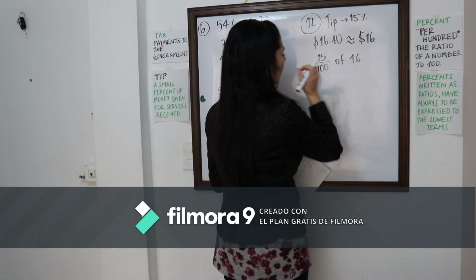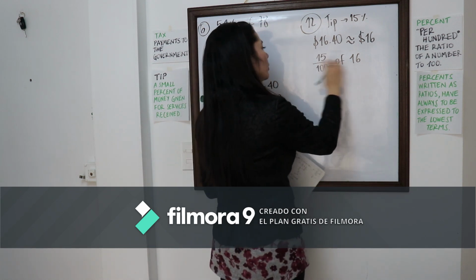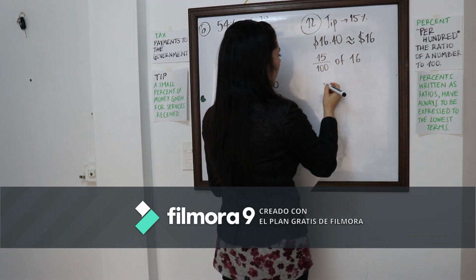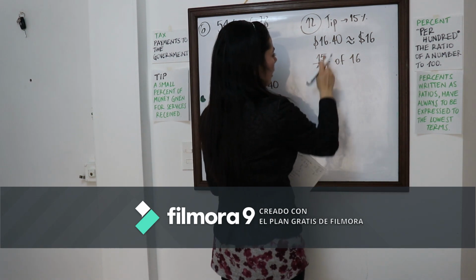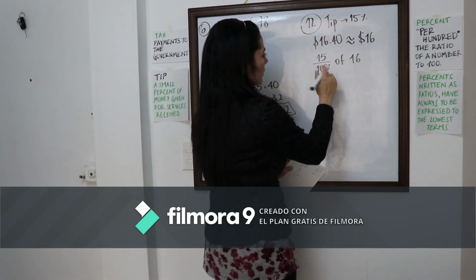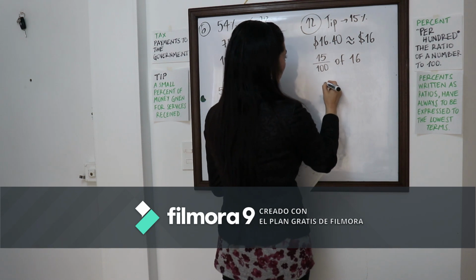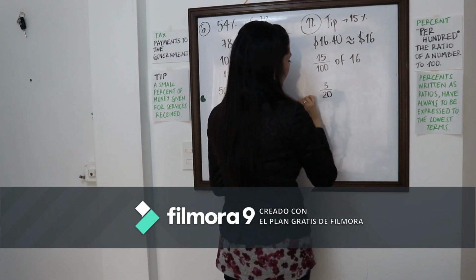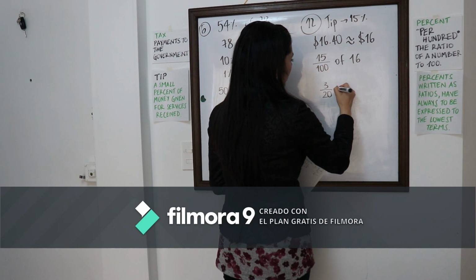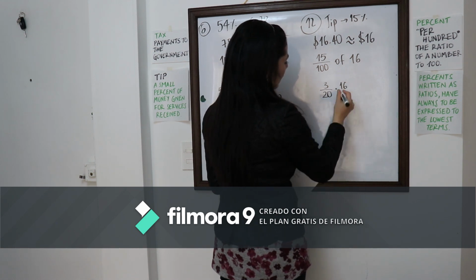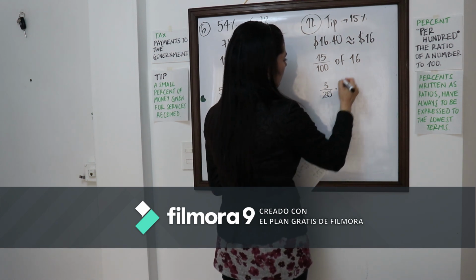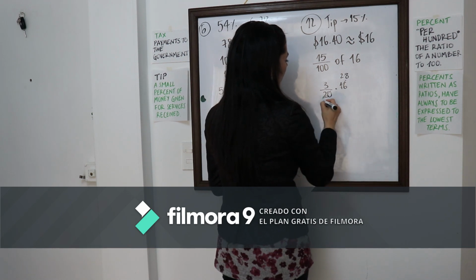And then remember, we have to multiply this 2 and divide it into this one, right? But I can definitely simplify this fraction, which actually is going to be 3/20 times 16. And then I can simplify this.